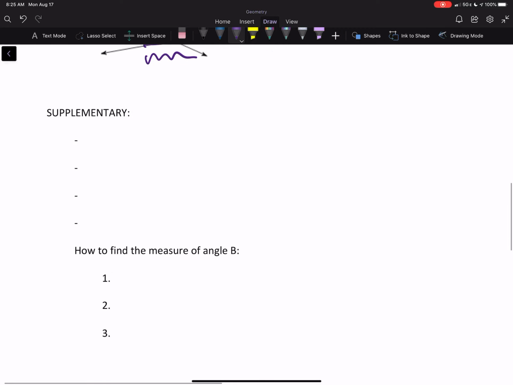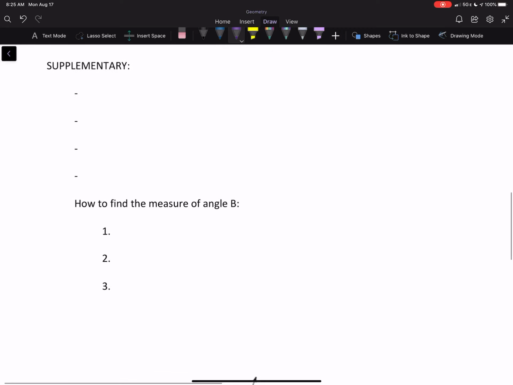Let's talk about supplementary angles. Now, remember them in a very similar manner. It's all about what it starts with. Supplementary angles start with S. S is for straight.